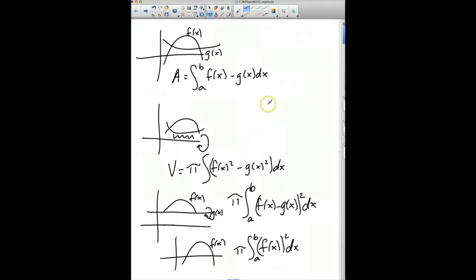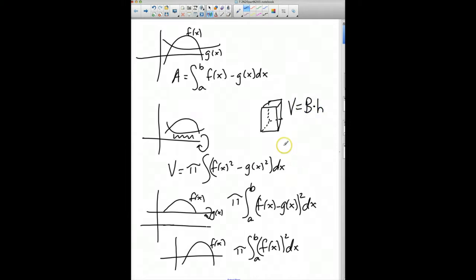So let's say we have some kind of shape, like a square prism. If I want to find the volume of a square prism, I need the area of the base and then times the height.